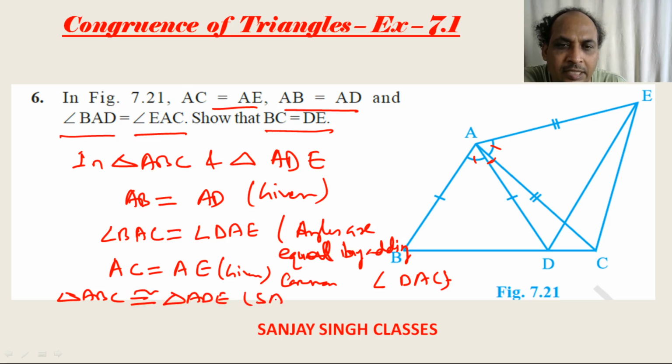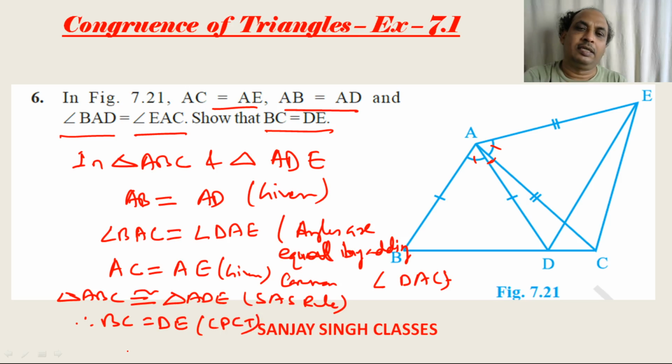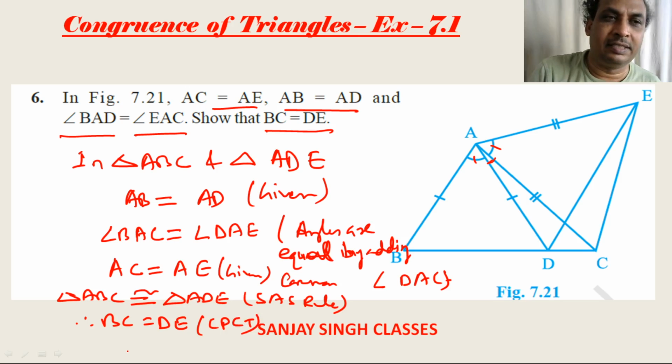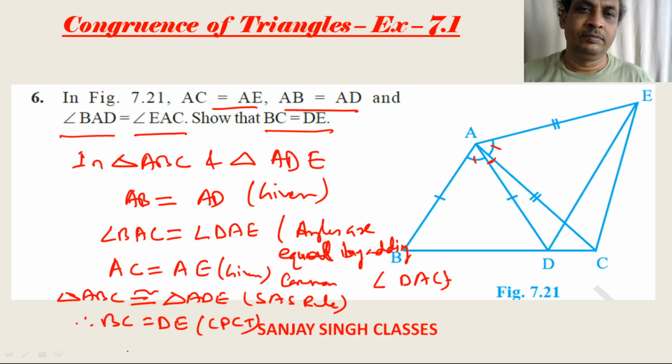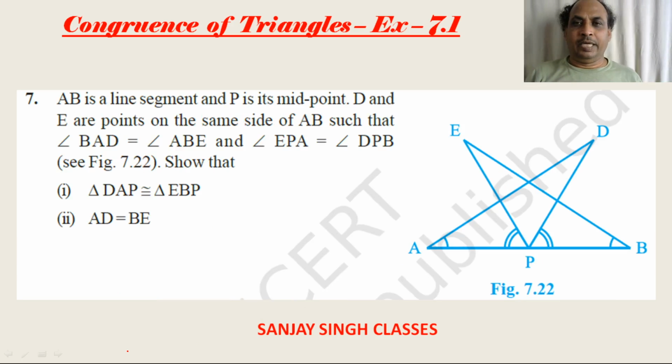Which rule? SAS rule of congruence. Therefore, BC is equal to DE, CPCT, corresponding parts of congruent triangles. Okay.